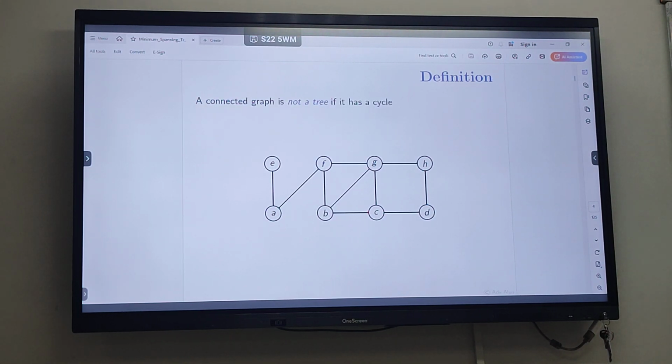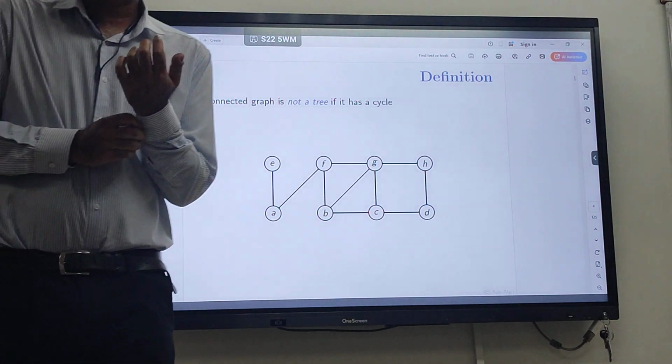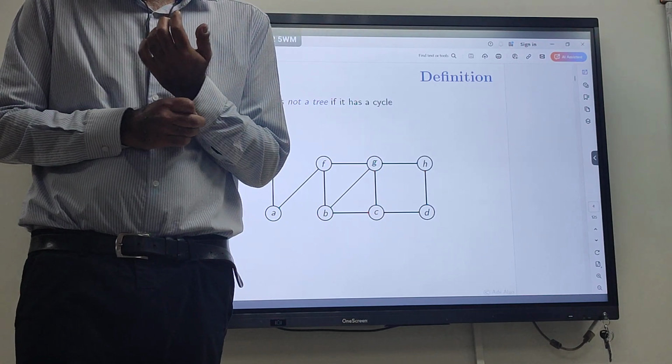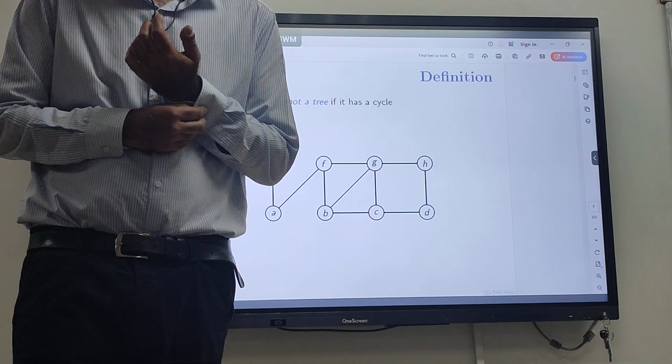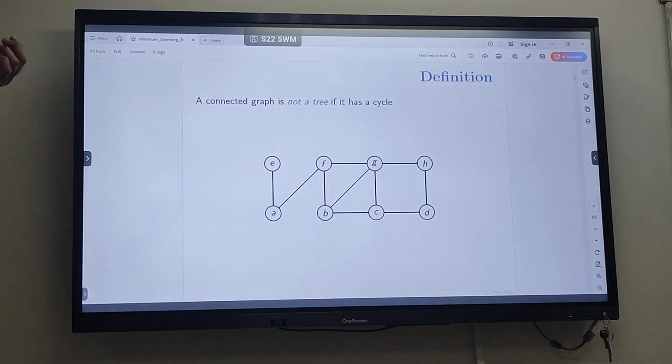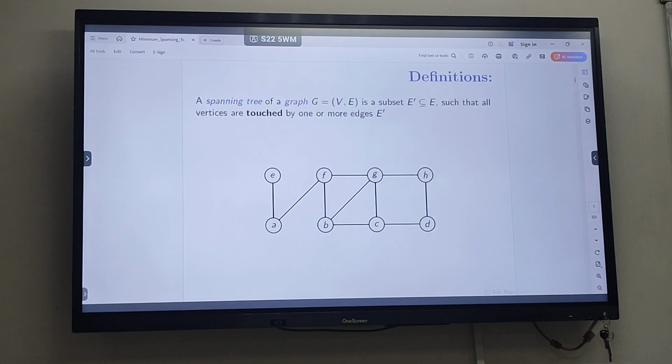So in a way, in some situations, a cycle is not needed. It's an unneeded edge. Okay? And minimum spanning tree addresses those kinds of situations.